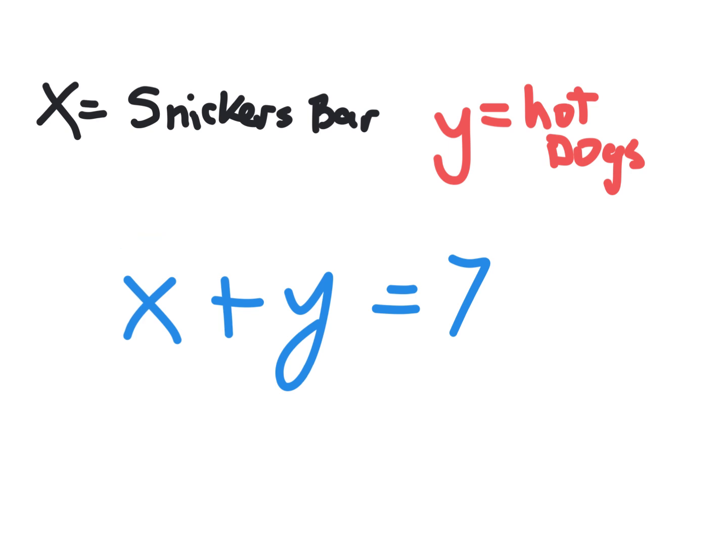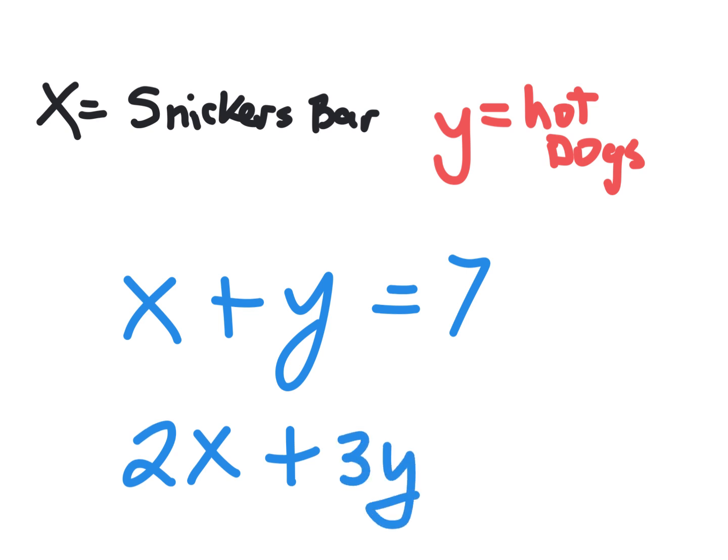All right. Now let's say that you bought 2 Snickers bars, 2x, and you bought 3 hot dogs, and it cost you a total of $20.